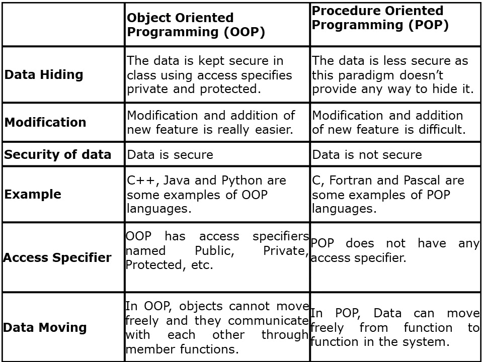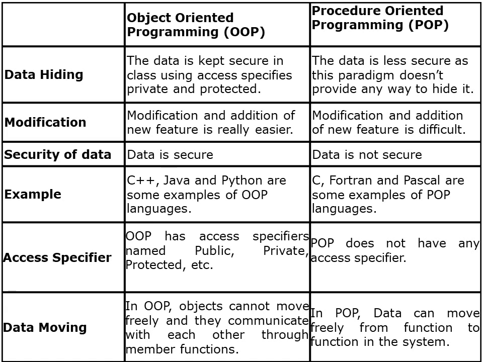Sixth, data hiding. In object oriented programming, there is a concept of encapsulation, whereby data are secured and cannot be accessed by the outside world. In procedure oriented programming, there is no concept of encapsulation.